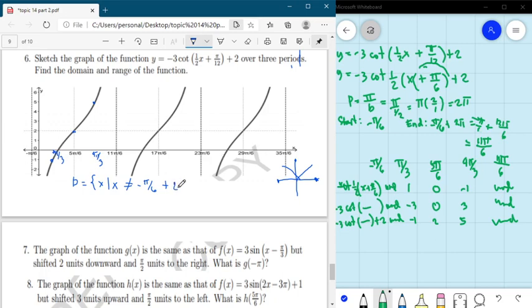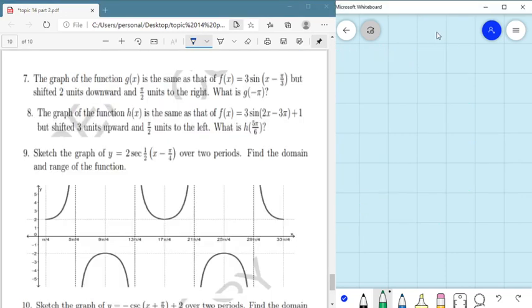So we have 2k pi, where k must be an element of the set of all integers. Okay? And the range is the set of all real numbers. Okay?